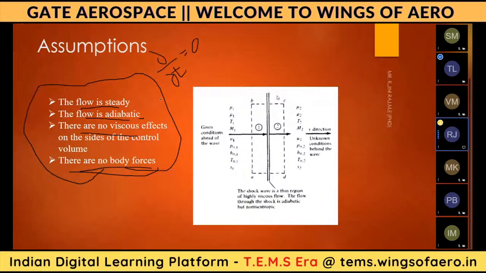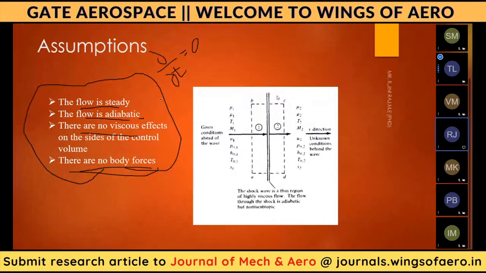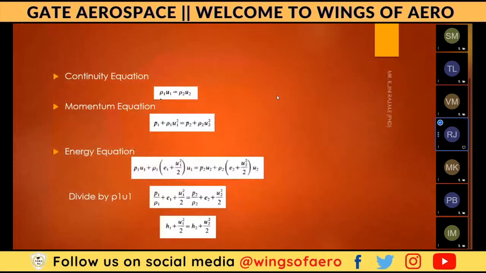Suppose we are adding some heat to the system, then the flow is not adiabatic. Based upon these three equations only, we are going to derive the normal shock equations.